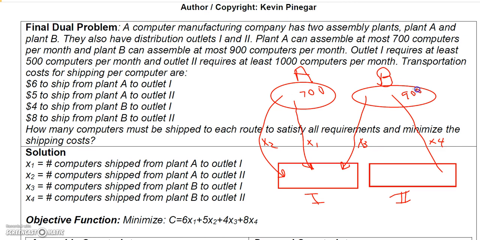Let's write that in there. Then Outlet 1 requires at least 500 computers per month, and Outlet 2 requires at least 1,000. So let's write in the needs of Outlet 1, which is 500, and the needs of Outlet 2, which would be 1,000.